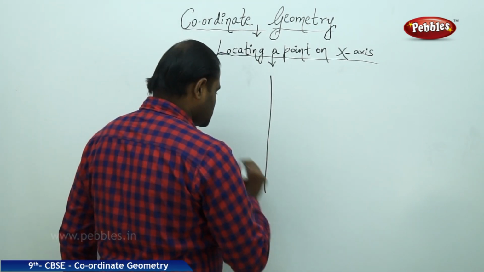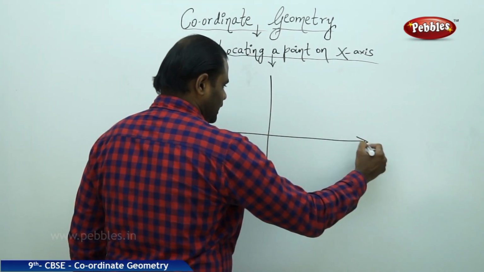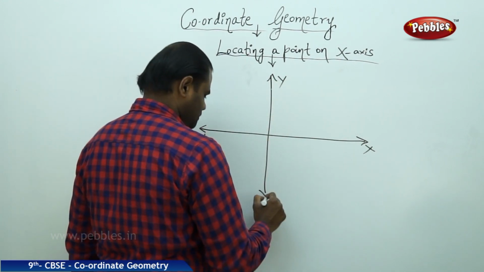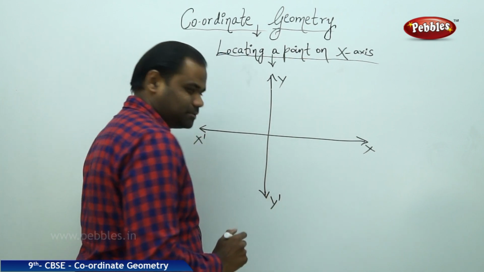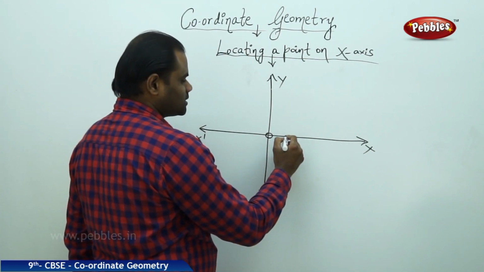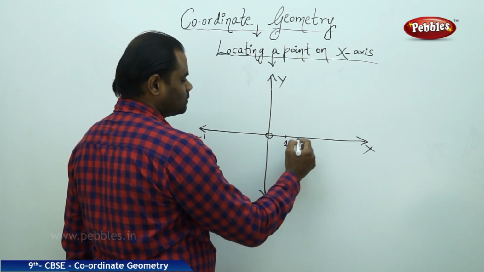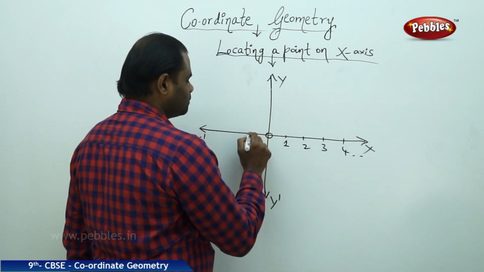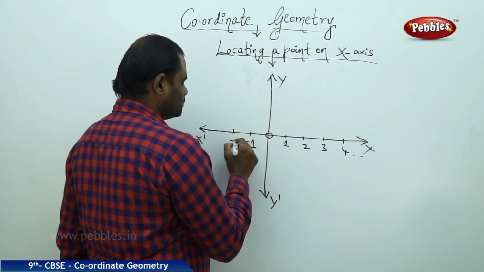Now with the introduction of the Cartesian plane, x dash and y dash, with origin being the intersection, let me just take 1, 2, 3, 4, minus 1.